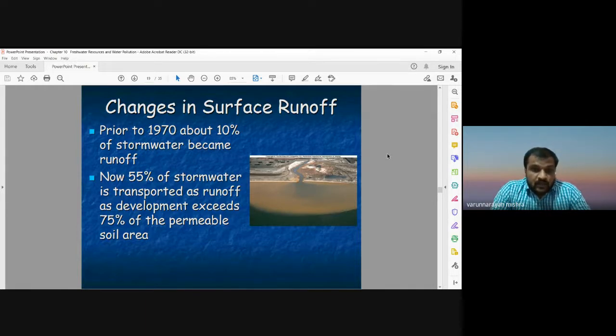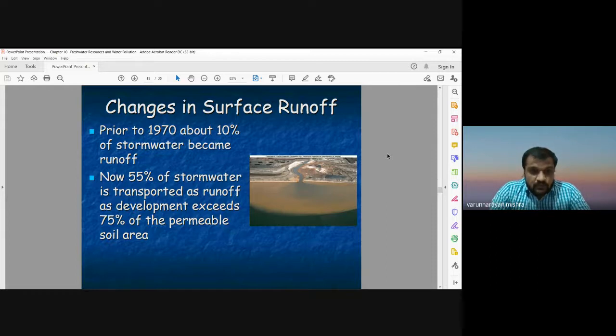So we know that when water runs off in case of rainfall, when the surface runoff is very fast, the water cannot be used for different purposes. There may be wastage of water in case of high surface runoff.